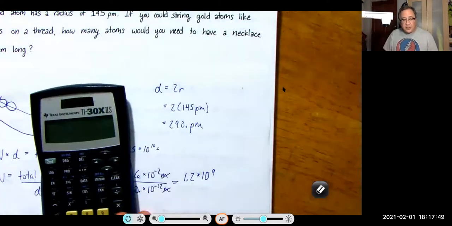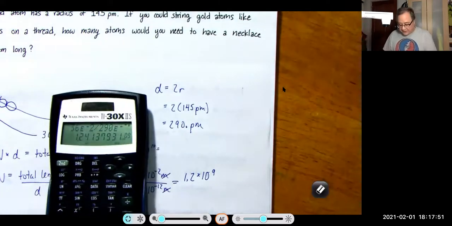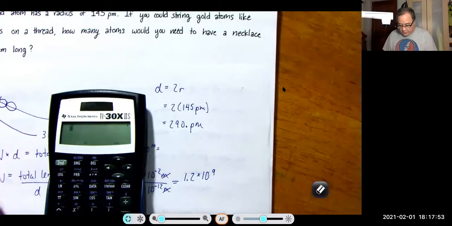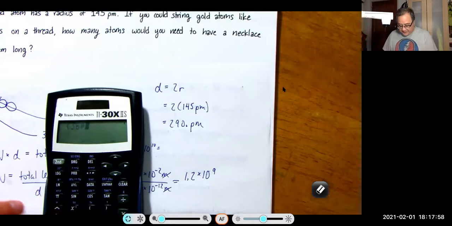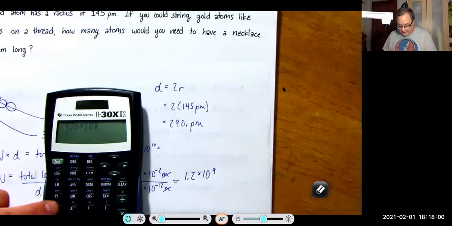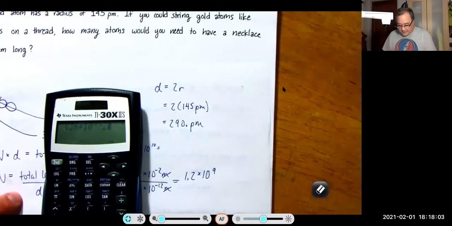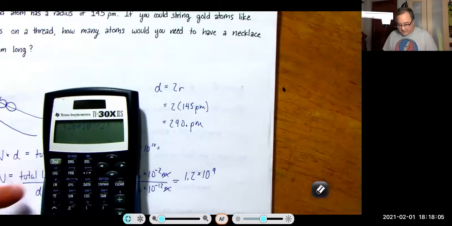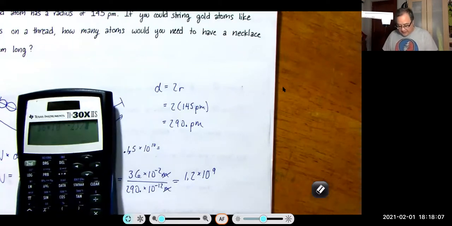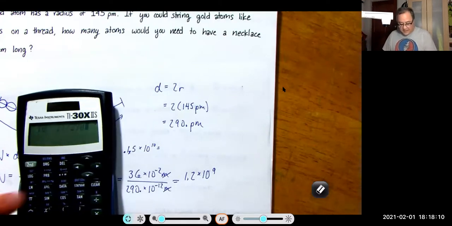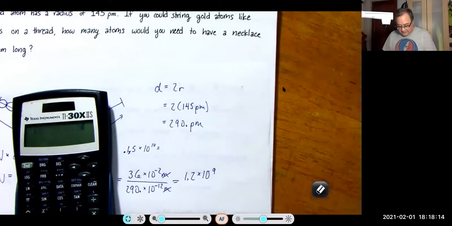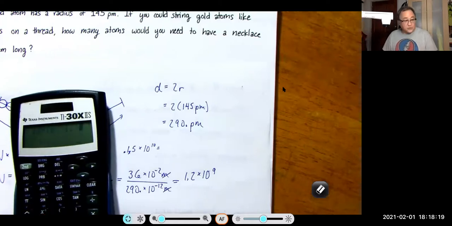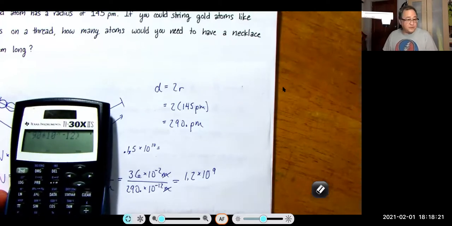It's a lot easier. If you wanted to, you could put parentheses around everything. You could do parentheses 36 times 10 caret -2 end parentheses divided by, oop, my bad, parentheses, 290 times 10 caret negative 12 end parentheses, and this should work out and give us 1.2 times 10 to the 9.